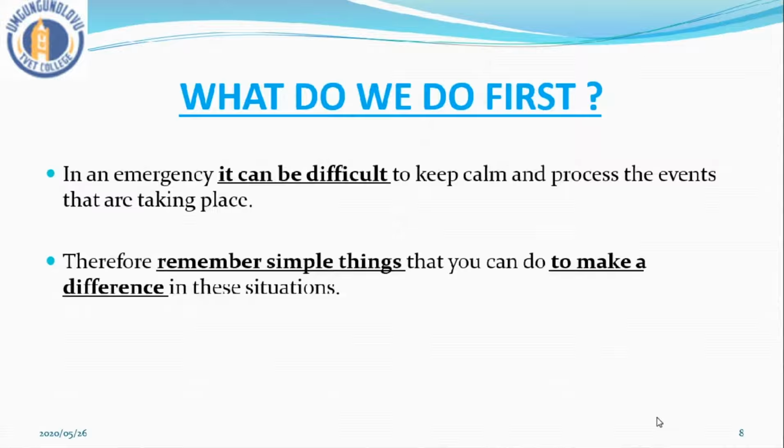So if you are in an emergency situation, you ask yourself the question, what do we do first? In an emergency situation, it can be difficult to keep calm and process the events that are taking place. Therefore, remember simple things that you can do to make a difference in these situations.